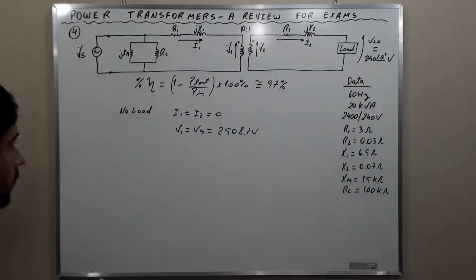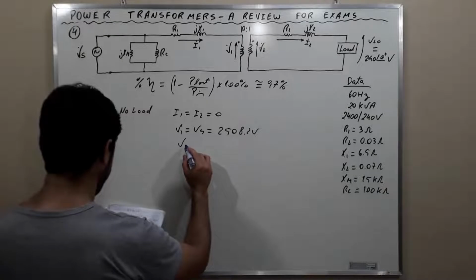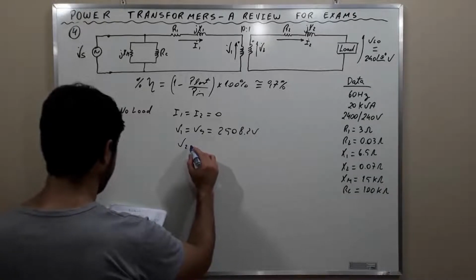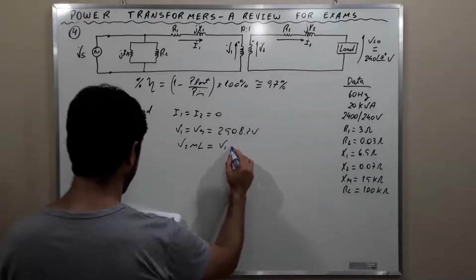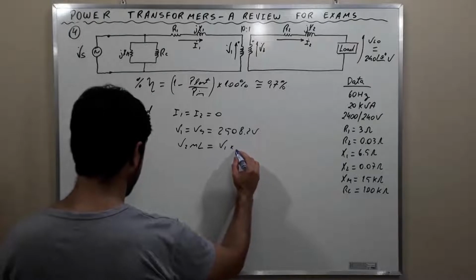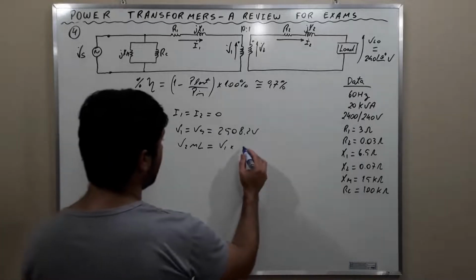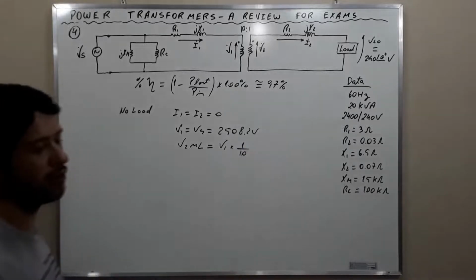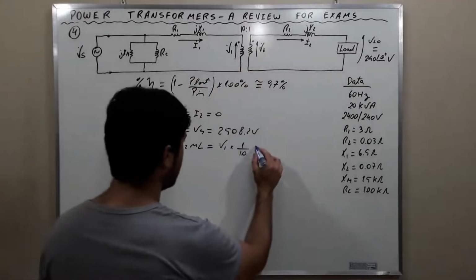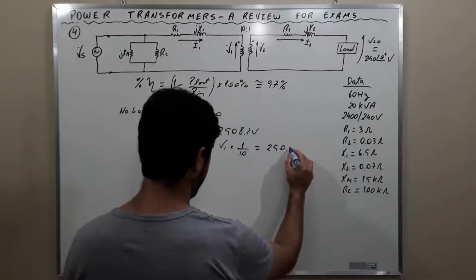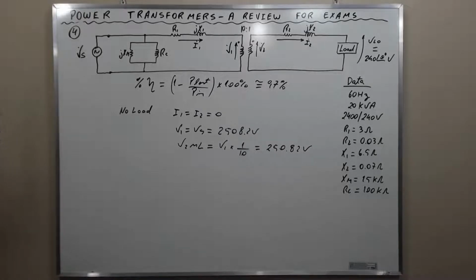And V2 no load is equal to V1 times the turns ratio of the transformer, but inverse, because we are stepping down the voltage. And it is 250.82 volts. Okay?